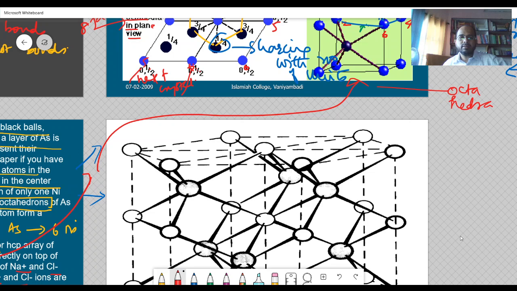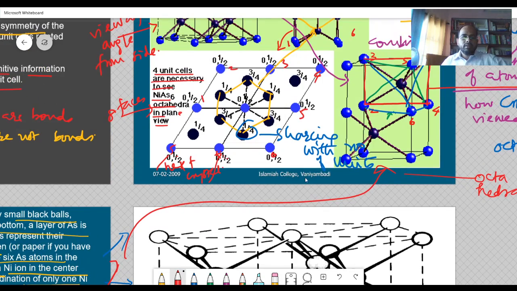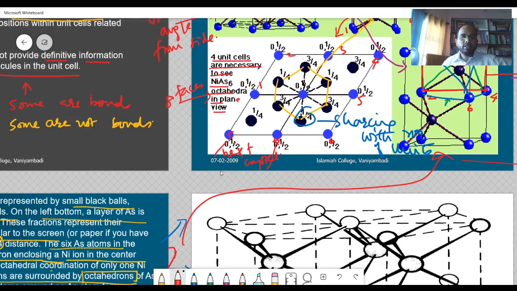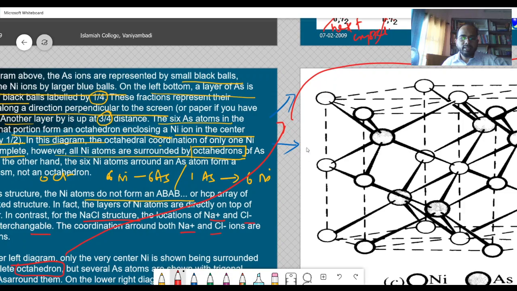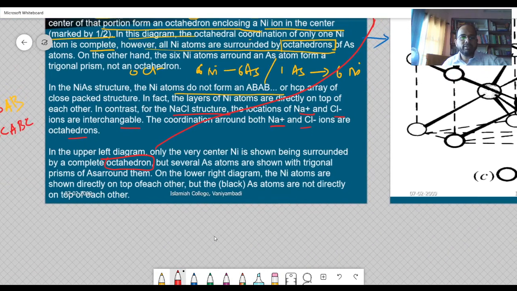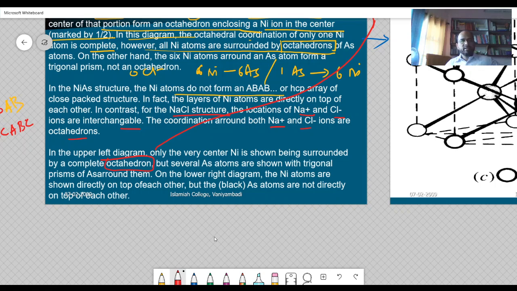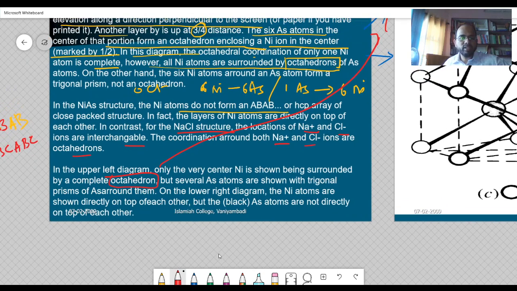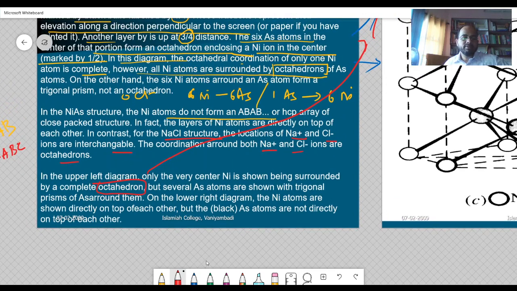It's not moving. You can see the picture there. Okay, so again you can go back by 20, and here in the last paragraph, it says in the upper left only one nickel is shown being surrounded by a complete octahedron, but several arsenic atoms are shown with trigonal prisms around them. Again I will explain later.